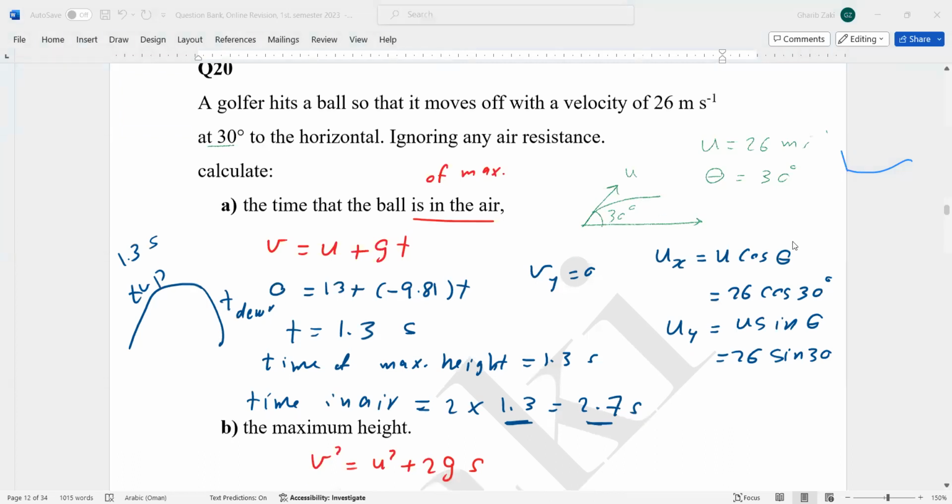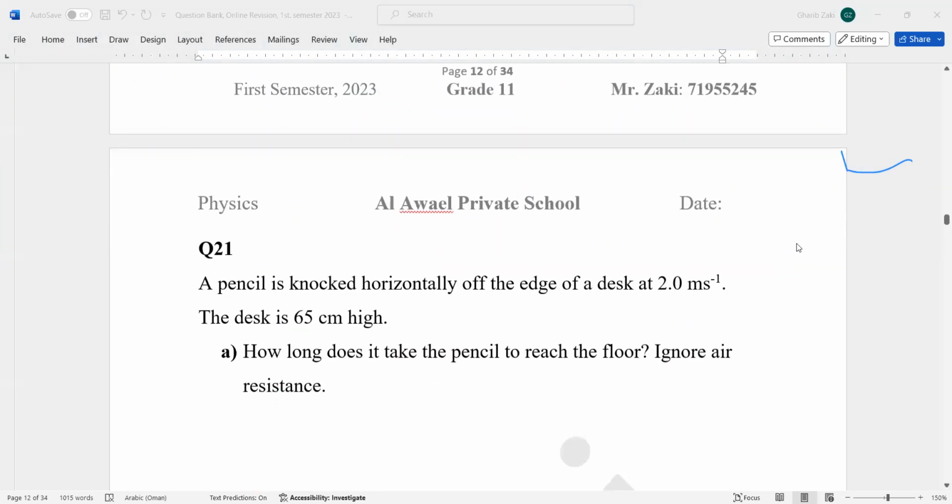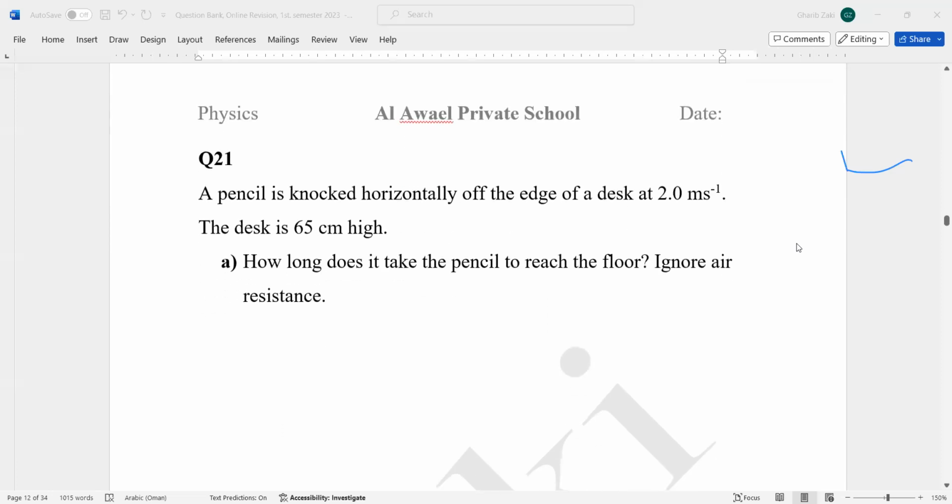Okay, now next question, question number 21. He said a pencil is knocked horizontally off the edge of a desk at 2.0 meters per second. So this is the height, and this is the path of the pencil.